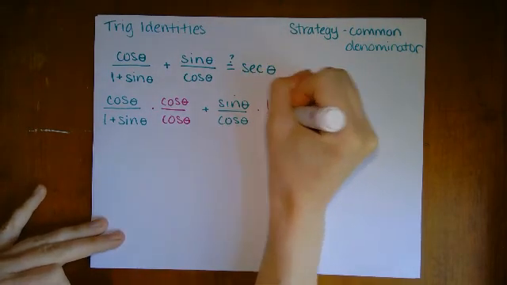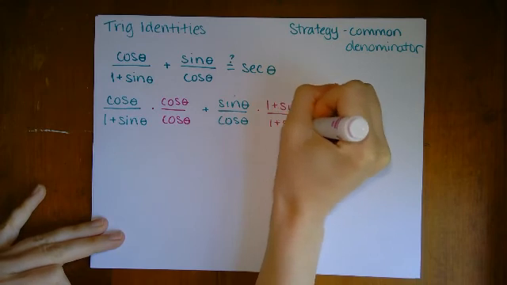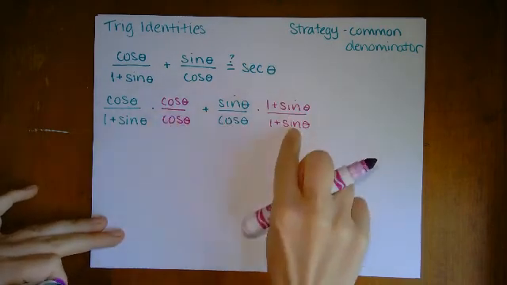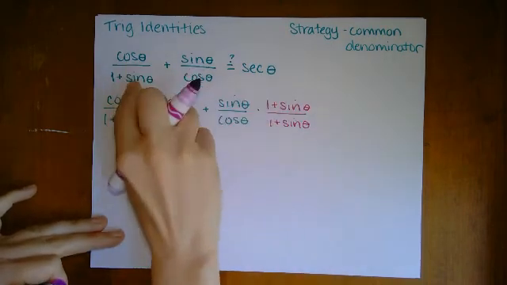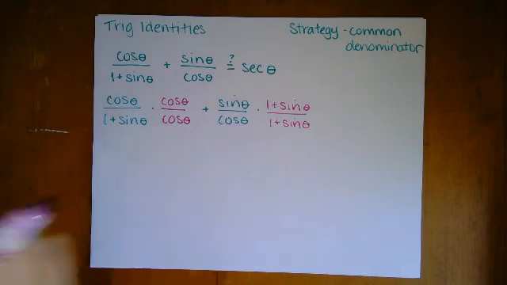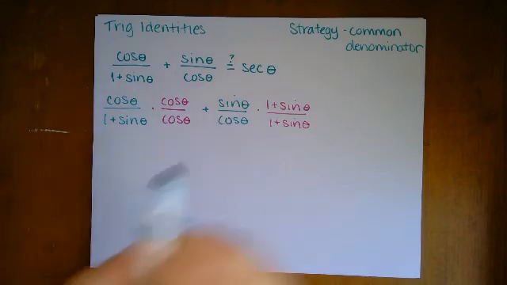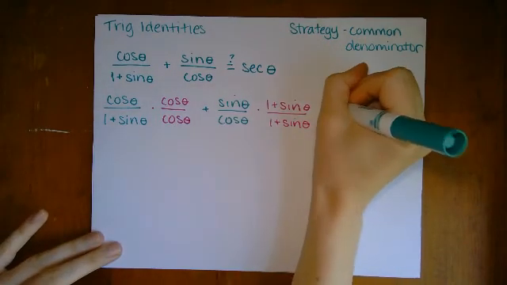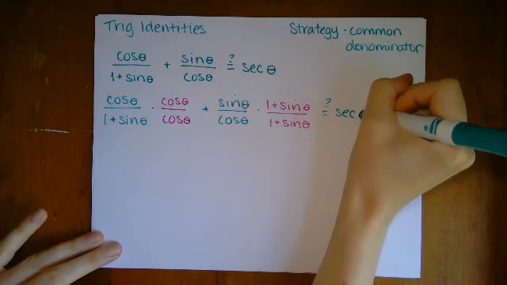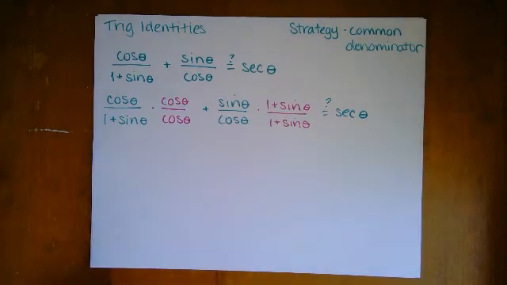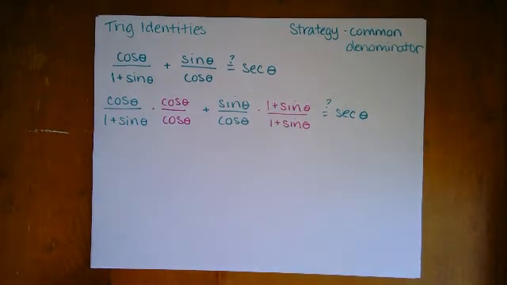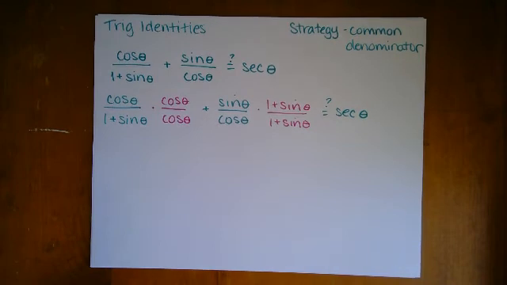And again, what I'm multiplying by, these giant ones here, comes from the other term's denominator. And I'm still trying to decide if that is equal to secant theta. So far I've done no real trigonometry. All I've done is some fractions, just trying to get a common denominator.